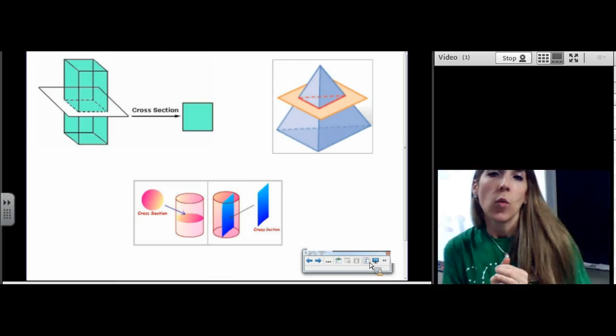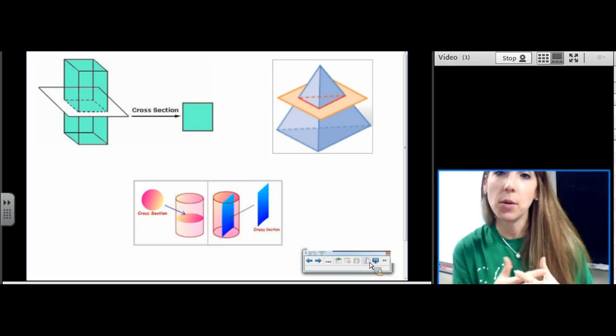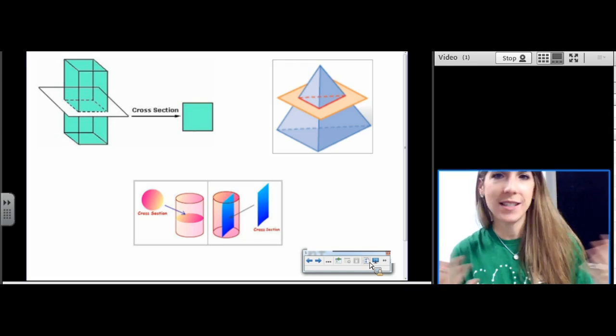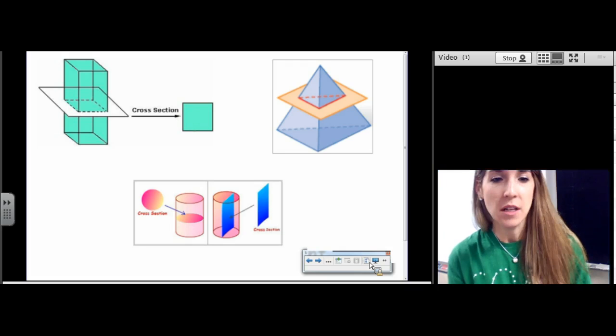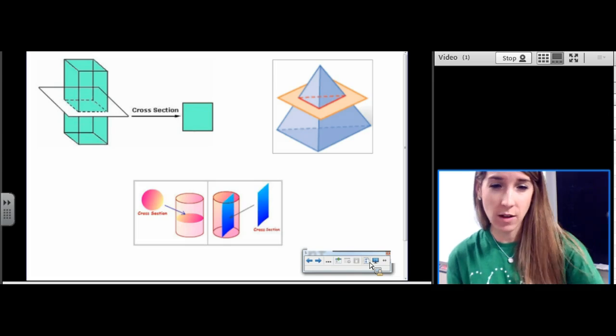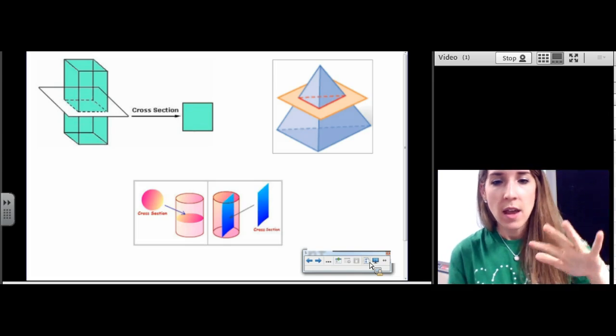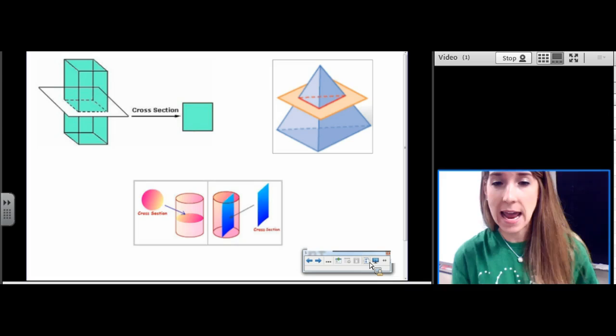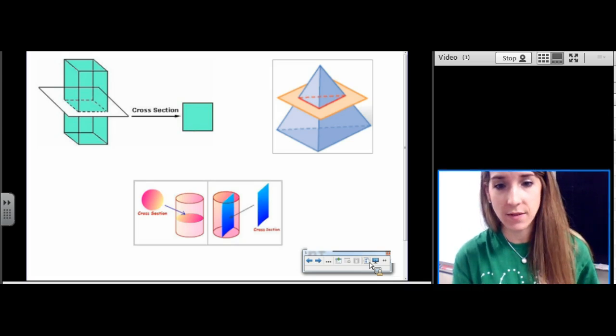So when you cut through a shape, if you're parallel to the base, then the cross section is just going to be the base. So in this first example, that cross section is a square or a rectangle because we don't know if the sides are congruent. In the second one, the cross section would be a triangle because the base of that pyramid is a triangle.